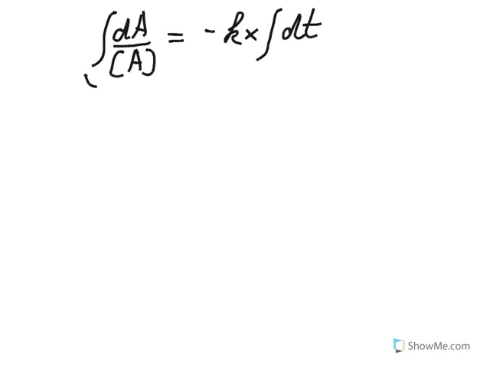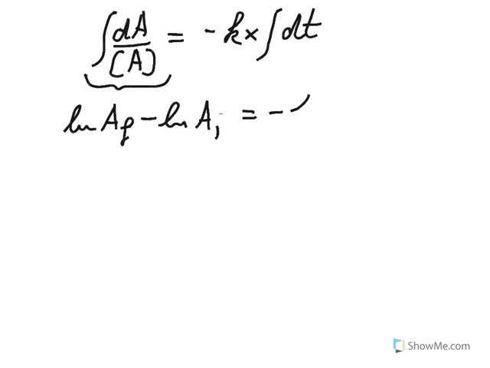We know that the function for this, when we look it up in our integral tables, gives ln A final minus ln A initial equals minus k times the integral of this, and this would be t final minus t initial.